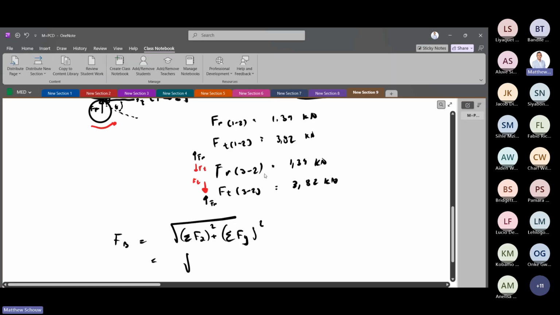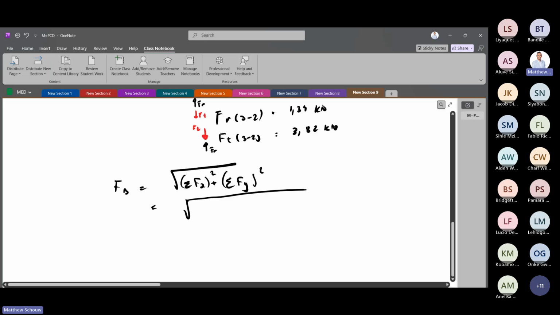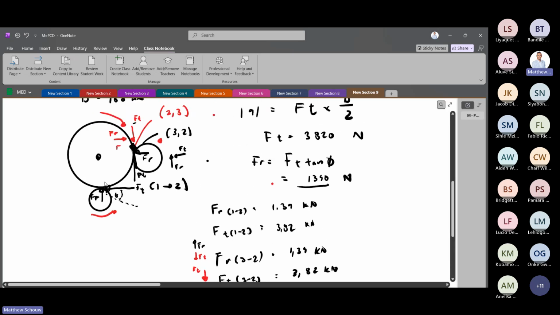Okay. And then let's do it like this, and like that. So the sum of the forces here, in the X direction, we have, is it FT and FT?